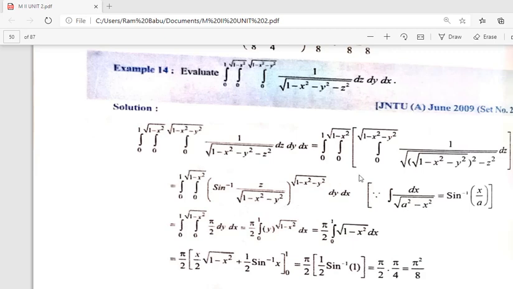Here limits are 0 and root of 1 minus x square minus y square, dy dx.